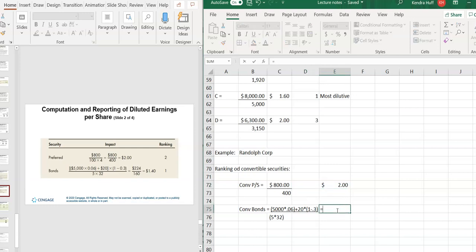Okay, so that equals 5,000 times 0.06 plus 20 times 0.97. Or no, it doesn't equal that. Why did I type it wrong?